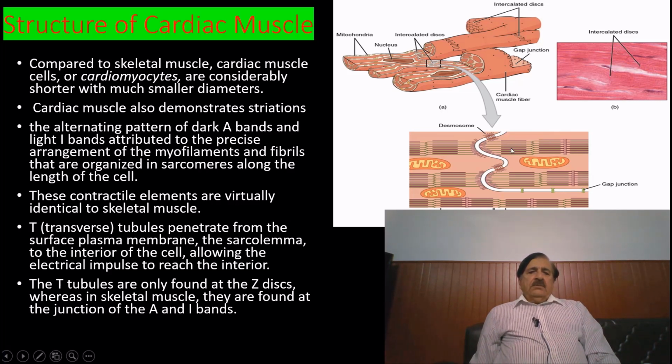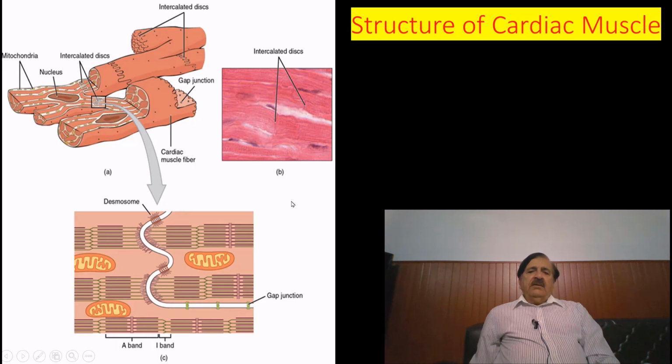So you can see that the skeletal muscle has two T tubules in one muscle cell. On the other hand, the cardiac cell has only one T tubule. Here you can see that this is the T tubule which originates from the sarcolemma and it is found at the site where the Z line is located.